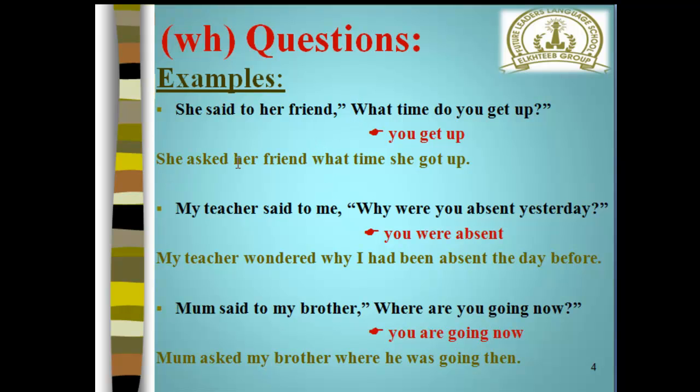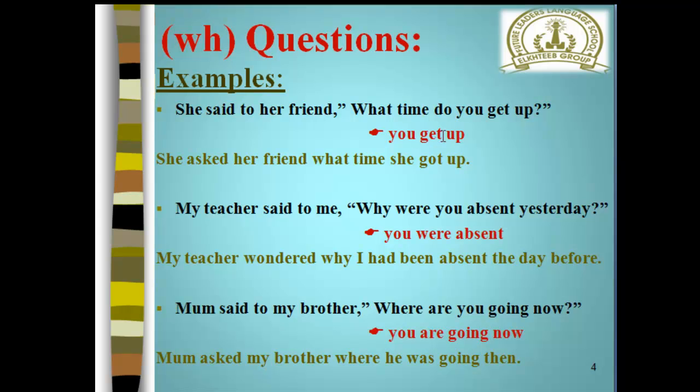So she asked her friend, this is the introductory verb, what time? Link using the question word itself. Then change the question into a statement. Do you get up? It's a question: verb, pronoun. No. Change it into a statement: you get up.